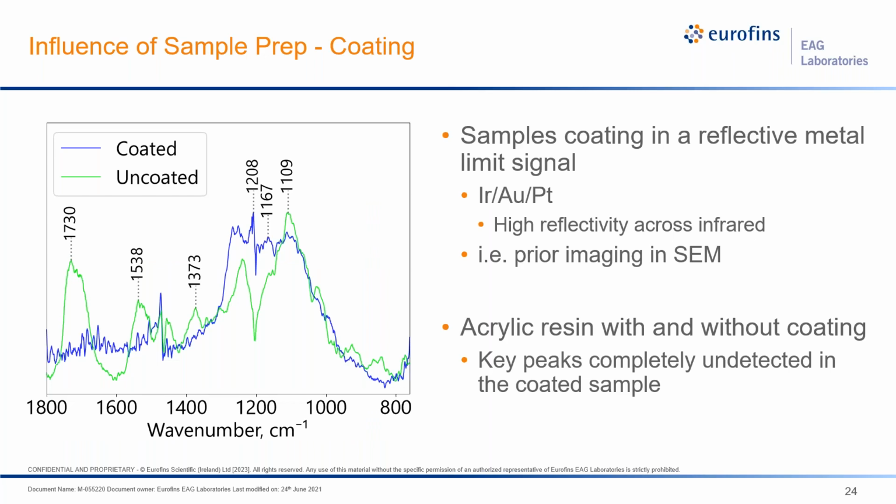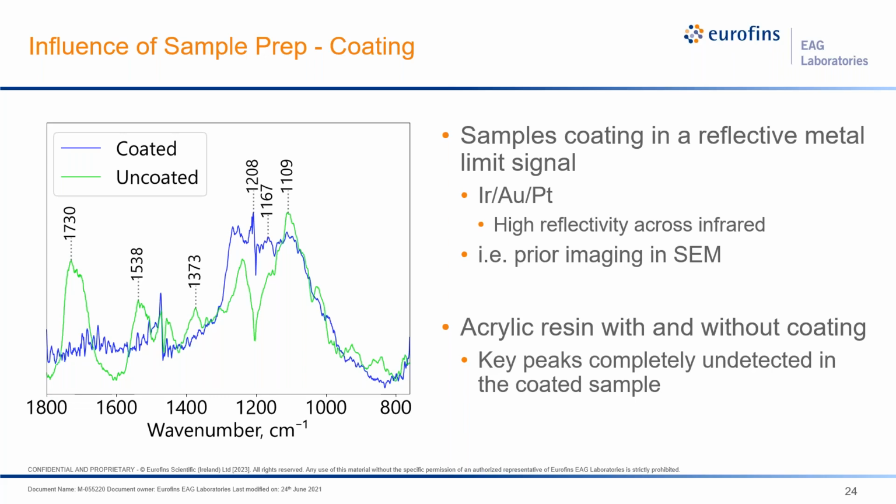And last but not least, is if the sample has been, say, in an SEM and has been coated previously in some reflective metal, such as iridium, gold, or platinum. These metals are highly reflective across the infrared region, which means that if we shine an infrared source on it, most of the light will be reflected or scattered off the surface, and we won't really be measuring much absorbance.